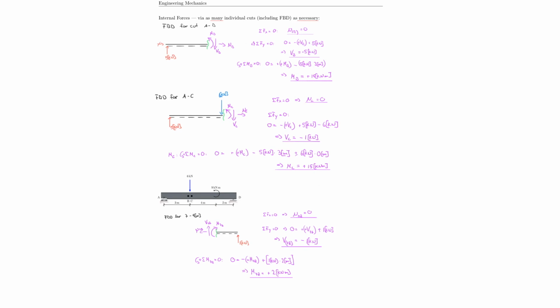And maybe if I were a beginning engineer, or somebody who hasn't had a lot of experience with these internal force diagrams, I would probably make another cut at, let's say, 8 meters, maybe somewhere at 5 meters, maybe somewhere at 1 meter, just so that I can really practice and learn how these values come about. But for me, this is enough now to really draw the diagrams, and I will do that on the next page, and I'm looking forward to you joining me there.